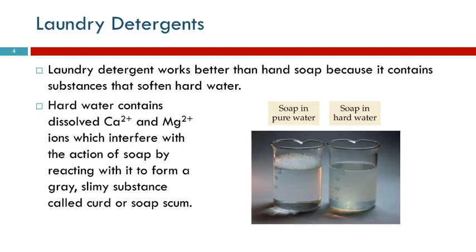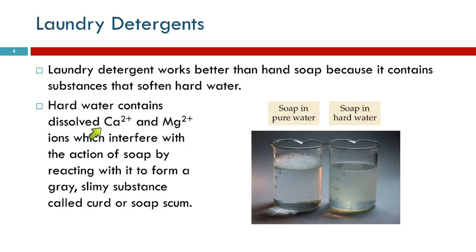Another type of reaction that we can talk about that occurs in your everyday life is something that happens in the washing machine. Around here we have hard water. Hard water contains dissolved calcium and magnesium ions.